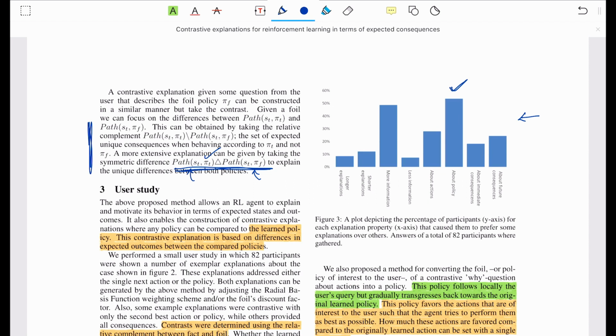In general, what I've seen is that people really like short explanations. They don't really need long lectures over their queries. However, their user studies show that this is the case here. This might be because of the domain they've chosen or some other reason, but I'm not sure why people would always go with more information, unless it is highly structured and the way the human wants to see it.